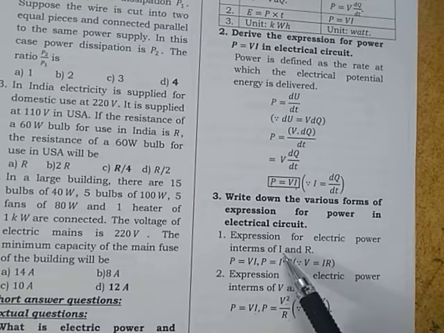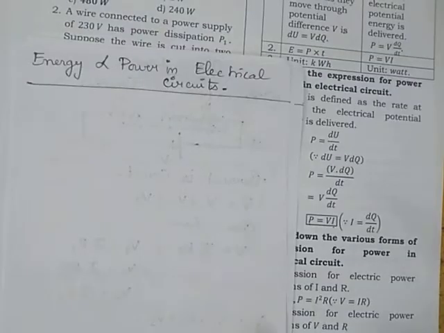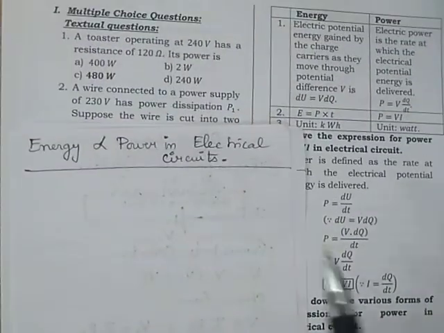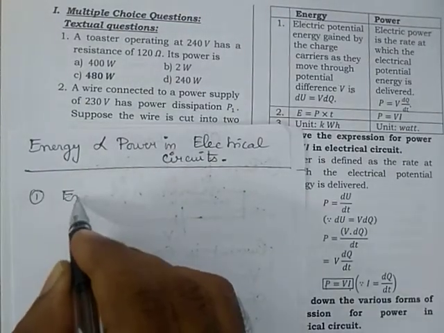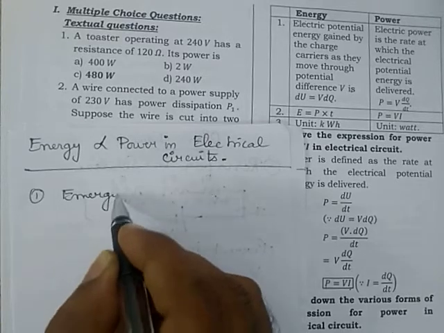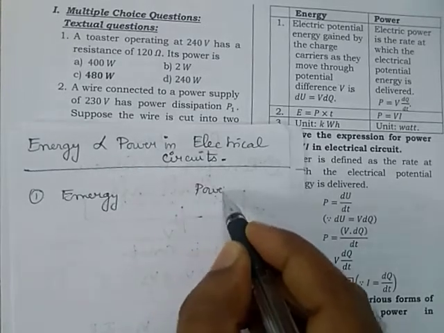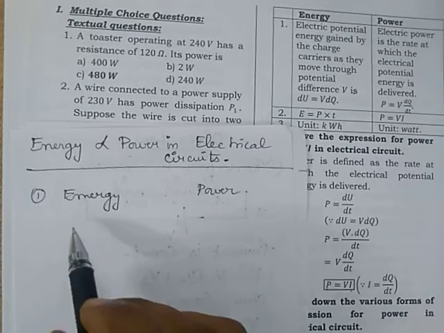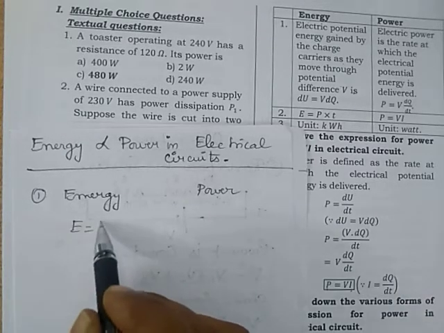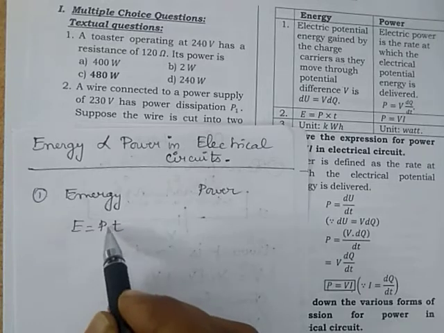To answer the first question, that is, energy and power, we need to know energy and power. Energy is the capacity to do work, defined as E = power × time.